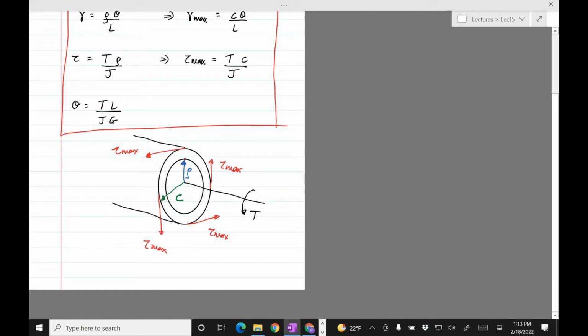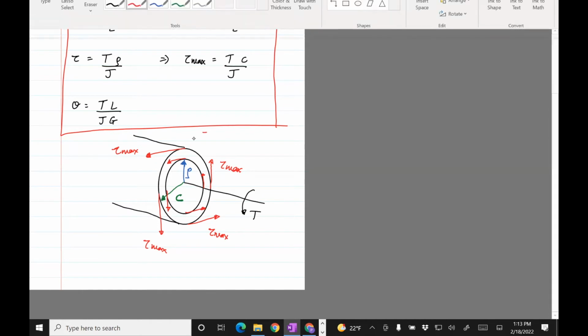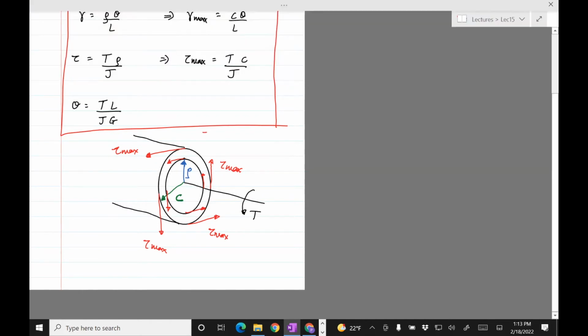Similarly, there will be a smaller stress on that inner circle of diameter rho, and I'll call that tau. So you see the difference. Tau is the shear stress at radius rho, and tau max is the shear stress at the radius c.